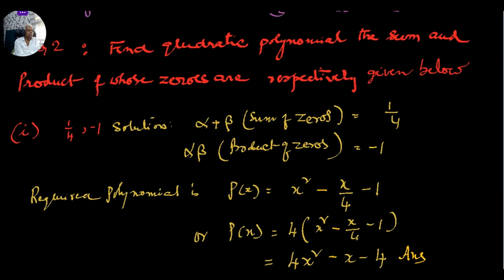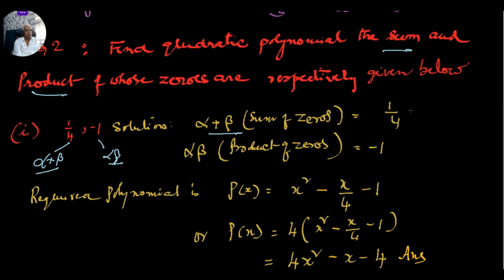Here people think this is alpha, this is beta. No, this is wrong. This is alpha plus beta. This is alpha beta. That is how the question says. Sum is this, product is this.